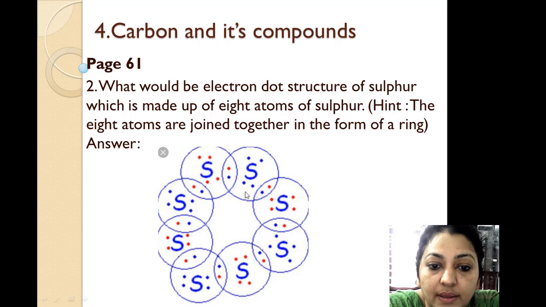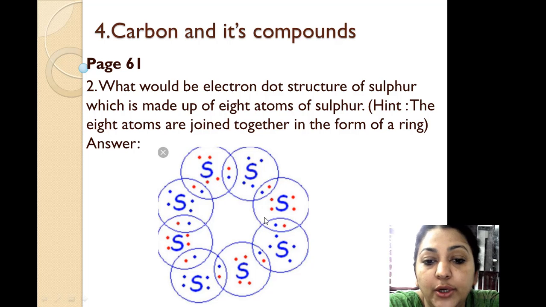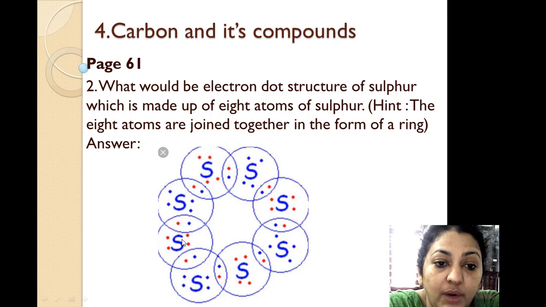You can see the electrons of one atom of sulfur are represented with blue dots, and the electrons of the adjacent sulfur atom are represented by red dots. So you can understand it very clearly. Each sulfur atom is making a single covalent bond on both sides, by sharing one pair of electrons.